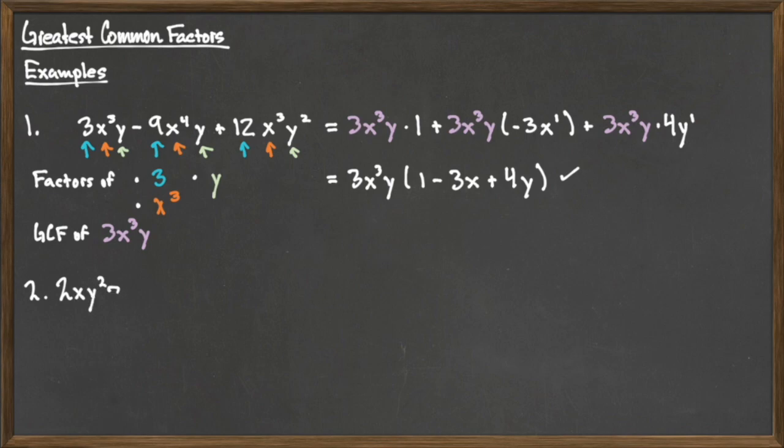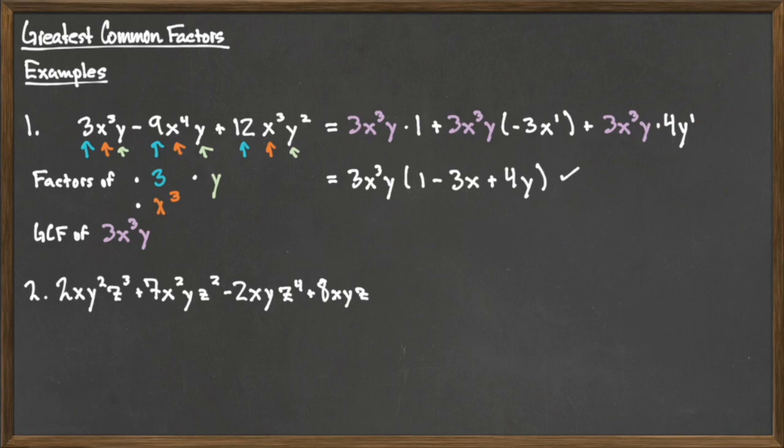For our next example, look at 2xy squared z cubed plus 7xy squared z squared minus 2xyz to the fourth plus 8xyz. Even though this is 4 total terms, it's just giving us practice with finding that GCF. So let's talk about it. Each term has at least one copy of x, y, and z present, but it doesn't look like I can increase any power of x, y, or z.